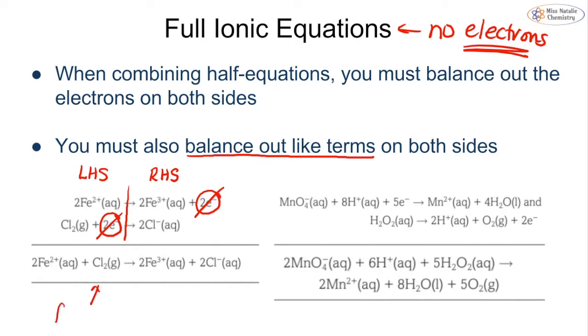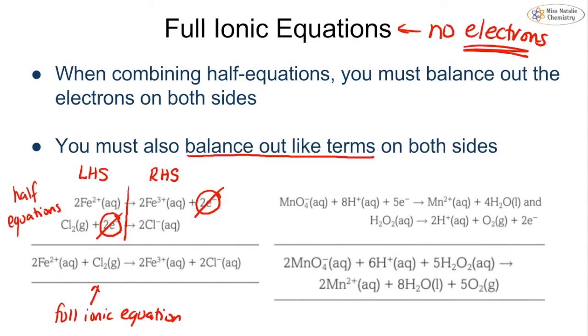This is the full ionic equation, and it is made from the half equations. For your half equations, one of them will always be a reduction and one will always be an oxidation, so your electrons will always be on separate sides.